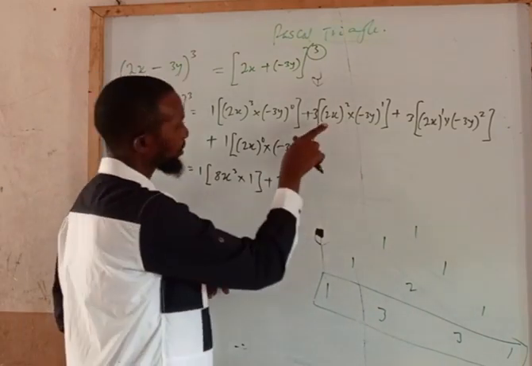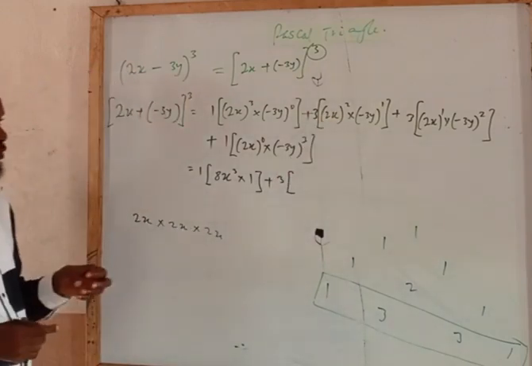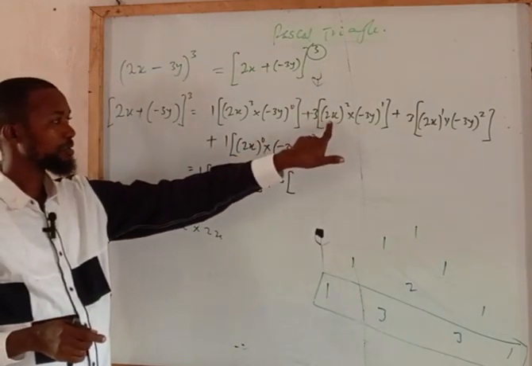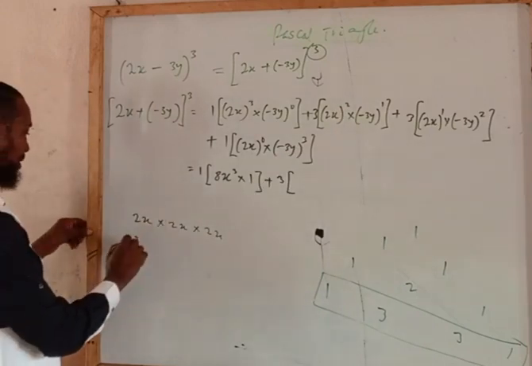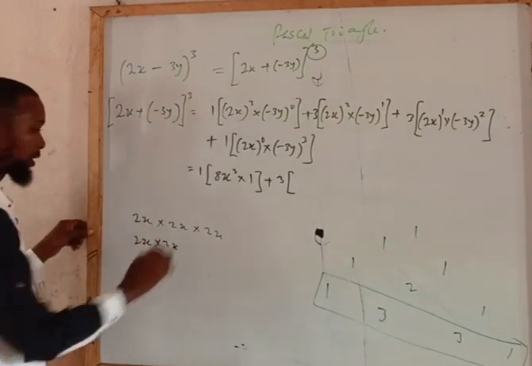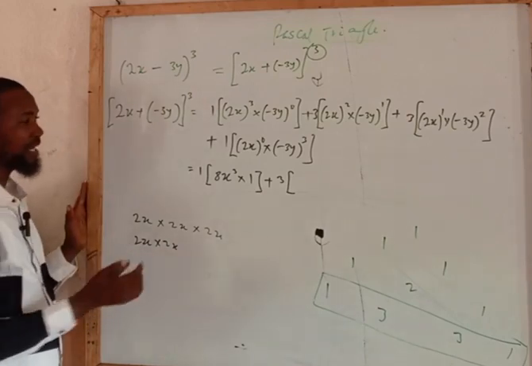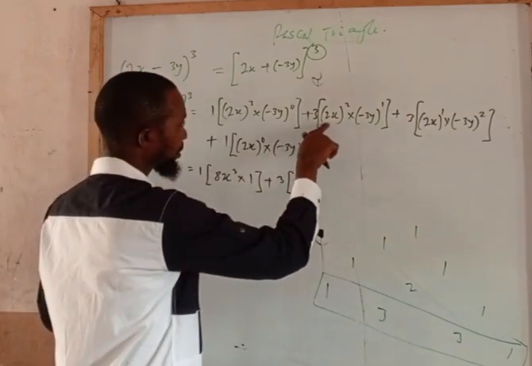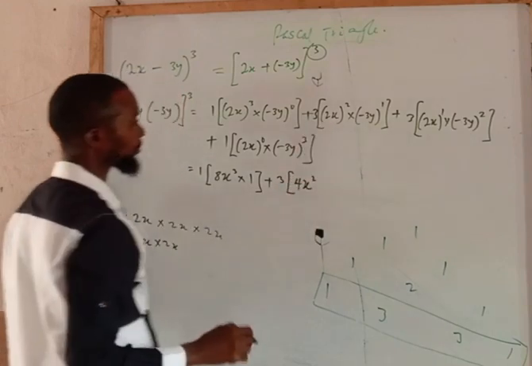In my second term, I have 2x to the power of 2. That is an instruction that this should be repeated twice by multiplication. So that means 2x times 2x, which gives 2 times 2 is 4, x times x is x squared. So simplification of 2x squared becomes 4x squared.